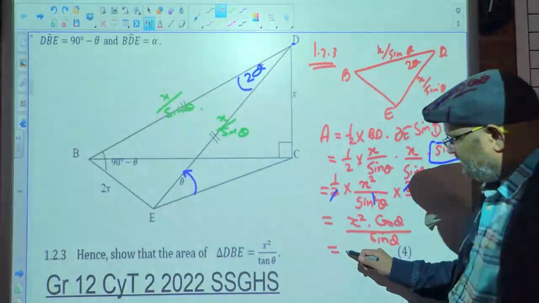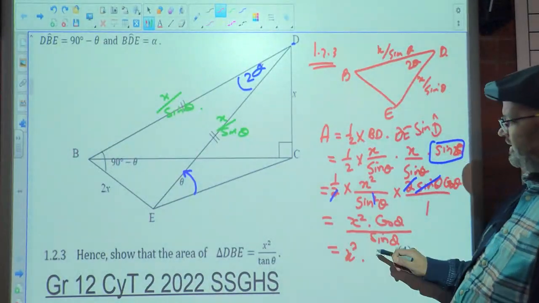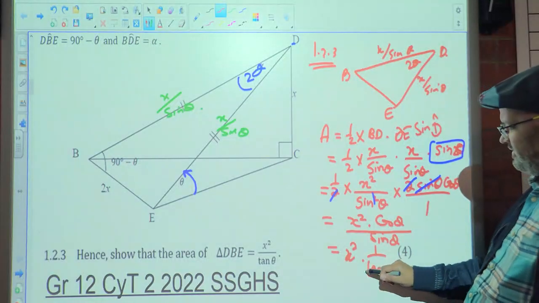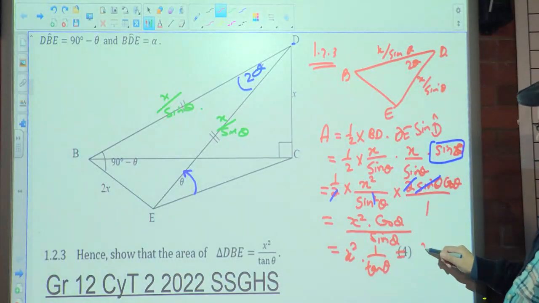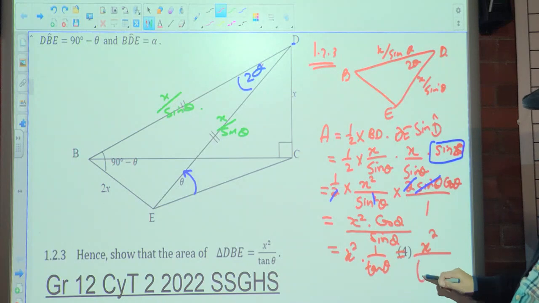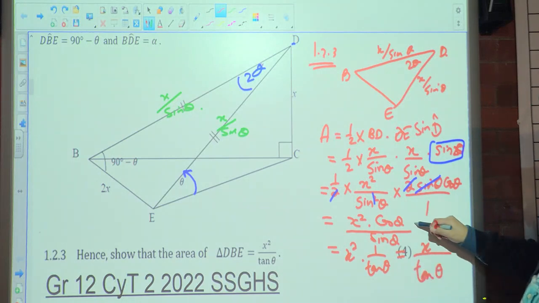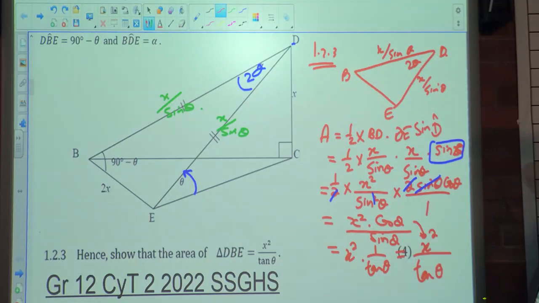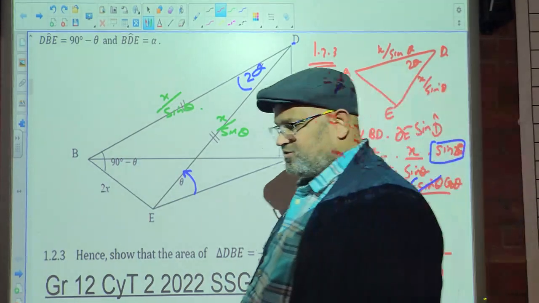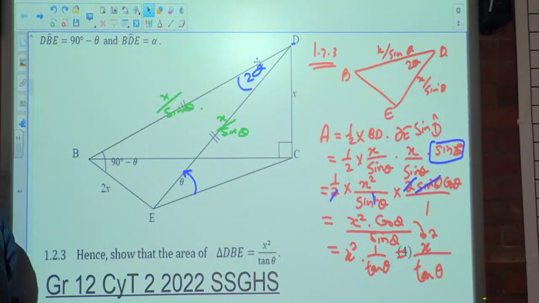So this is going to be x squared times 1 over tan theta, which is the same as x squared over tan theta. We could have gone from this straight into that. And we've just proven what they wanted.